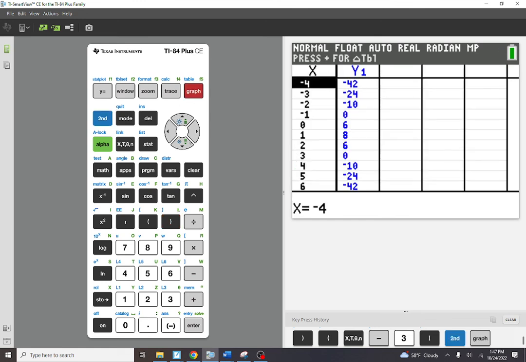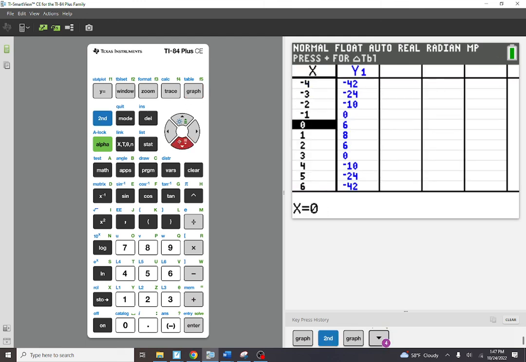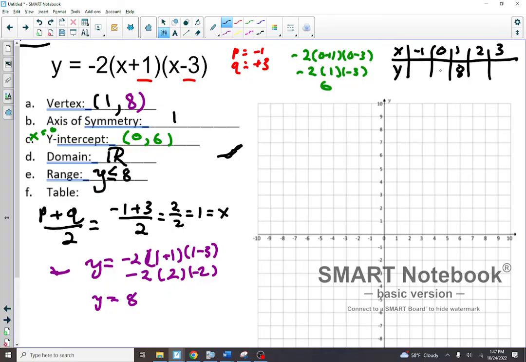Second table, or I guess graph first. Let's just show, hey, it looks like that. Our vertex is 1, 8. Our other two points are 6 and 6. We'll do that in blue to indicate I got that from the calculator. And then here is 0, 0.